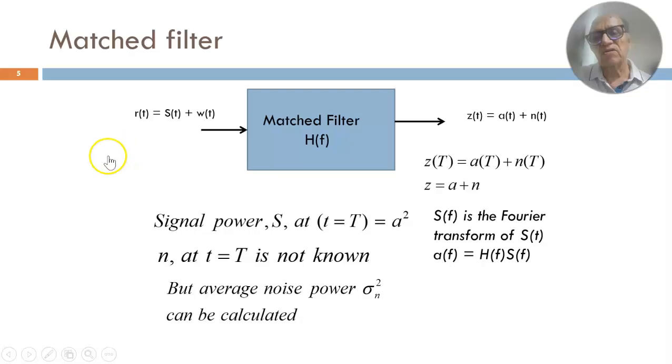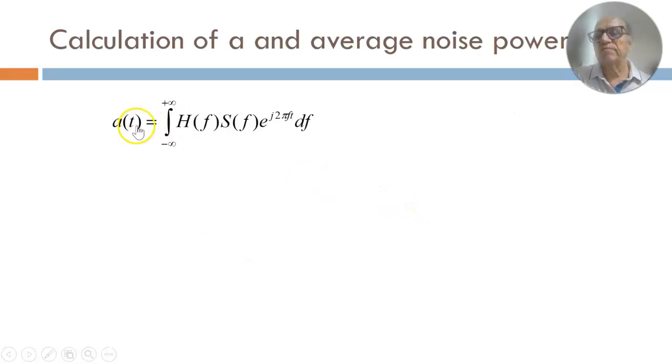Again, you are referred to signals and systems. Anyway, so let us proceed. Understand what we are trying to do is to obtain the expression for S and N in terms of H(f) and S(f), and then try to see for which expression of H(f) this SN ratio is maximized. Okay, so let us move ahead.